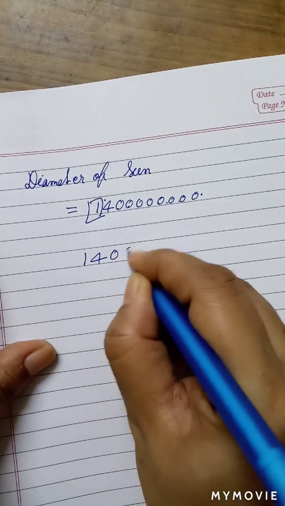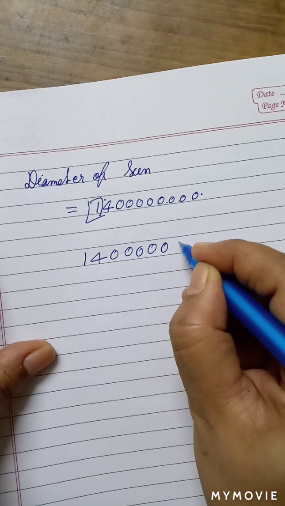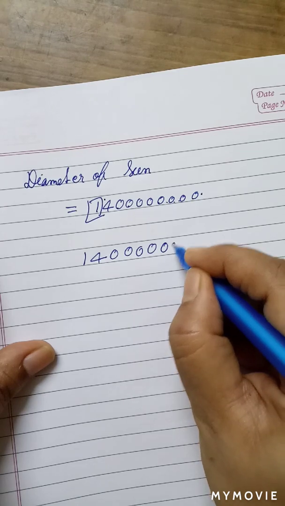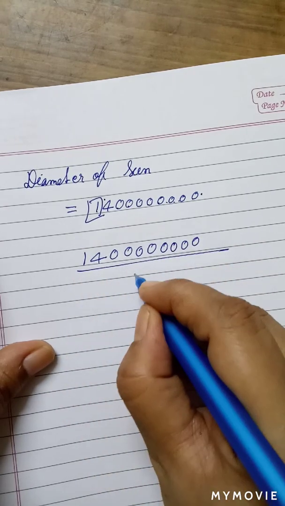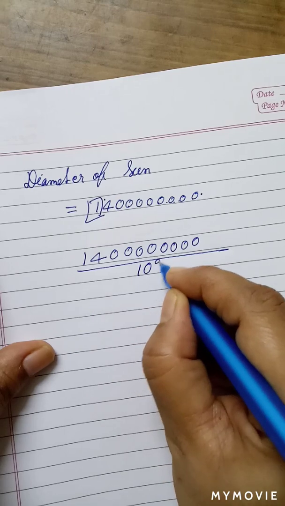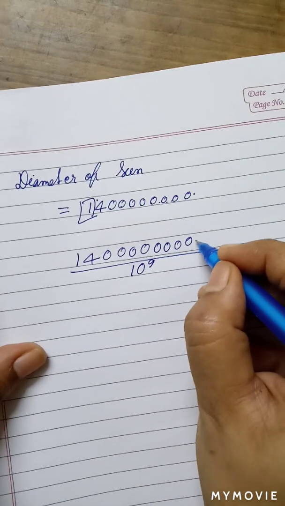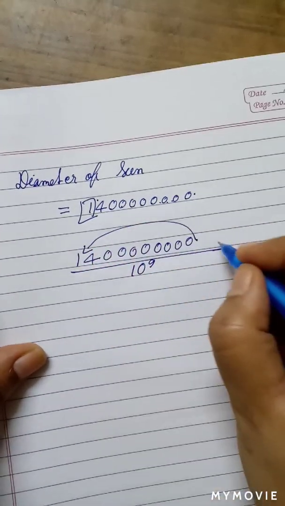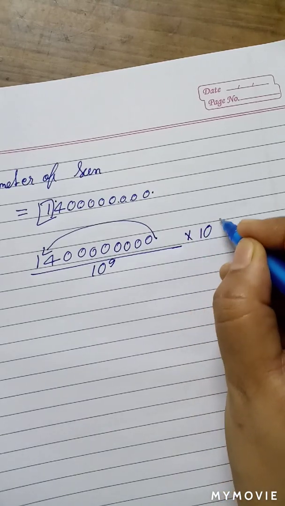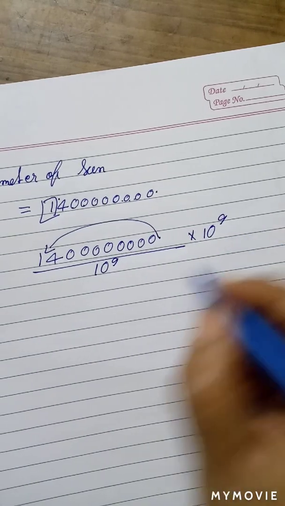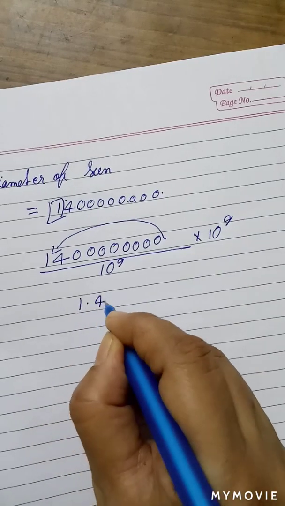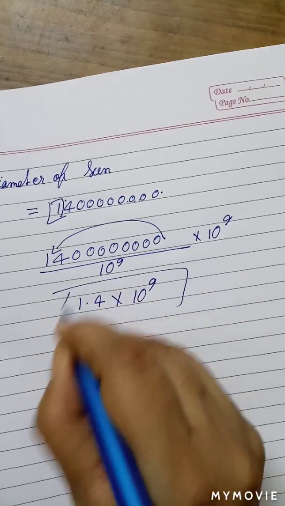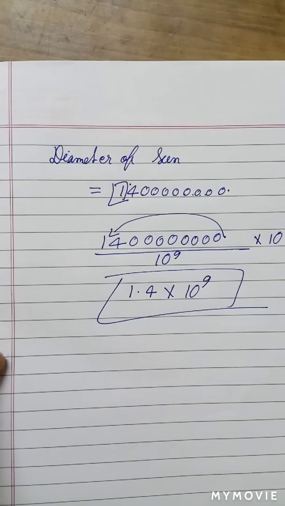So we will divide it by 10 to the power 9 so that we can bring this decimal from here to here. And we will multiply it by 10 to the power 9 again in order to keep the number unchanged. So we have 1.4 into 10 to the power 9. This is the diameter of our sun.